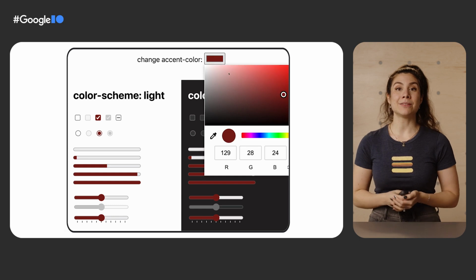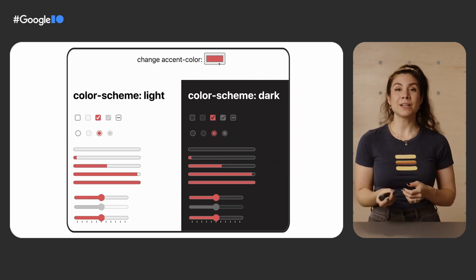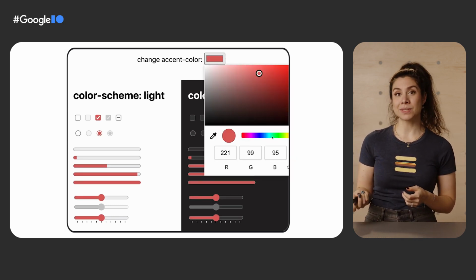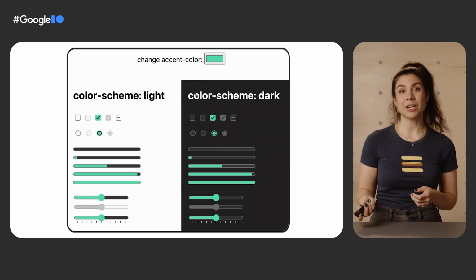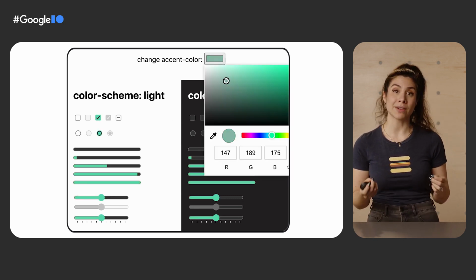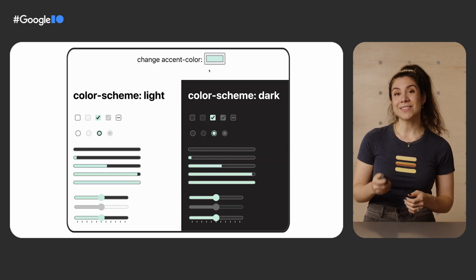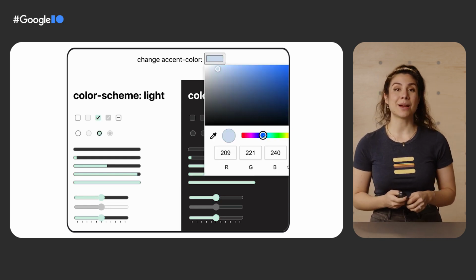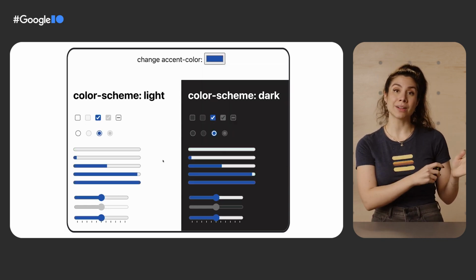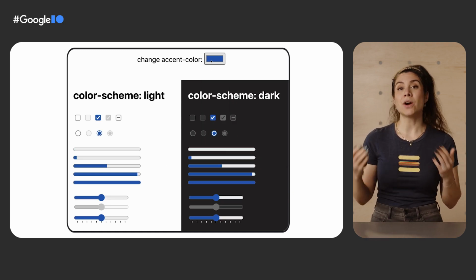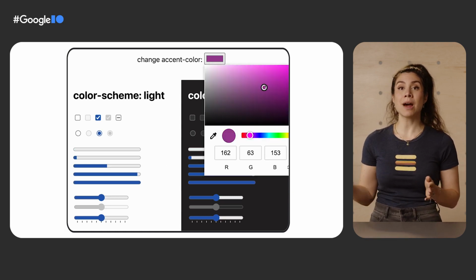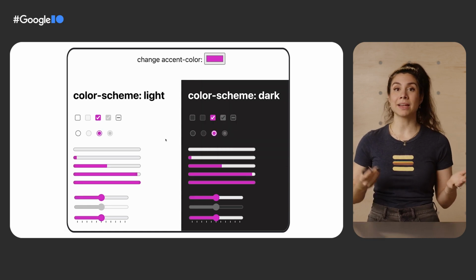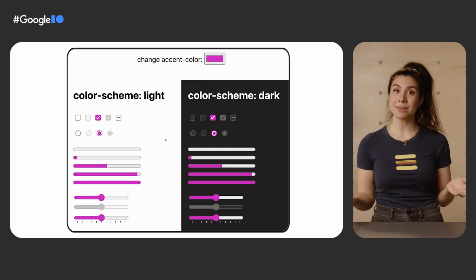This API allows you to change the theme color of previously hard-to-access form controls, such as native checkboxes, radio buttons, range controls, and progress bars. In one line of CSS, accent color enables the browser to do the work of determining the foreground color against your set backgrounds, and also works alongside the color scheme property to provide some nice automatic adjustments for light and dark themes.